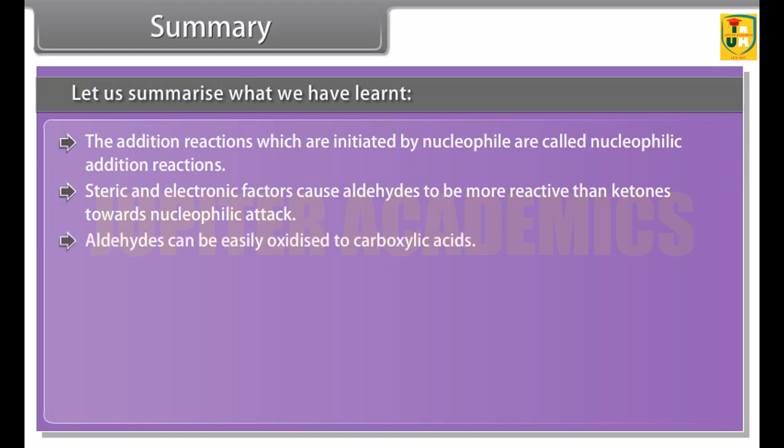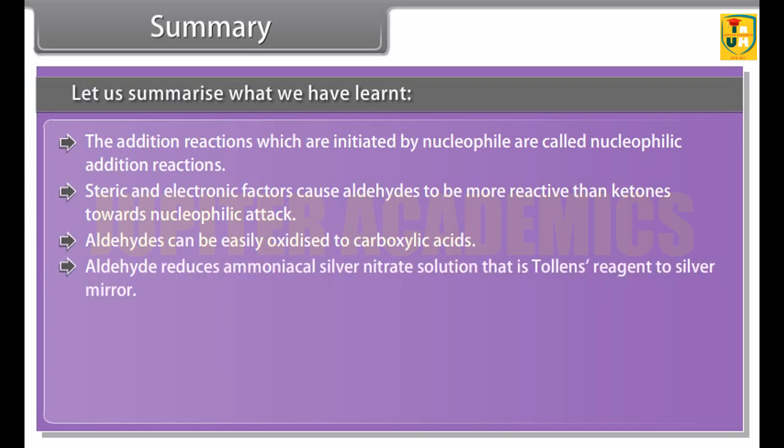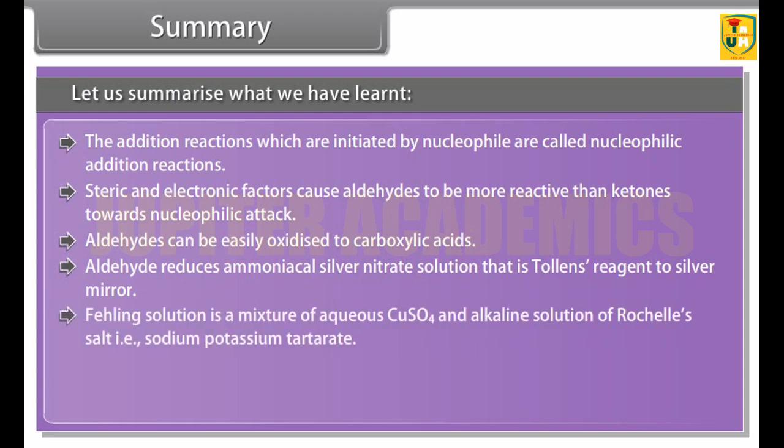Aldehydes can be easily oxidized to carboxylic acids. Aldehyde reduces ammoniacal silver nitrate solution, that is Tollens reagent, to silver mirror. Fehling solution is a mixture of aqueous copper sulfate and alkaline solution of Rochelle's salt, that is sodium potassium tartrate.